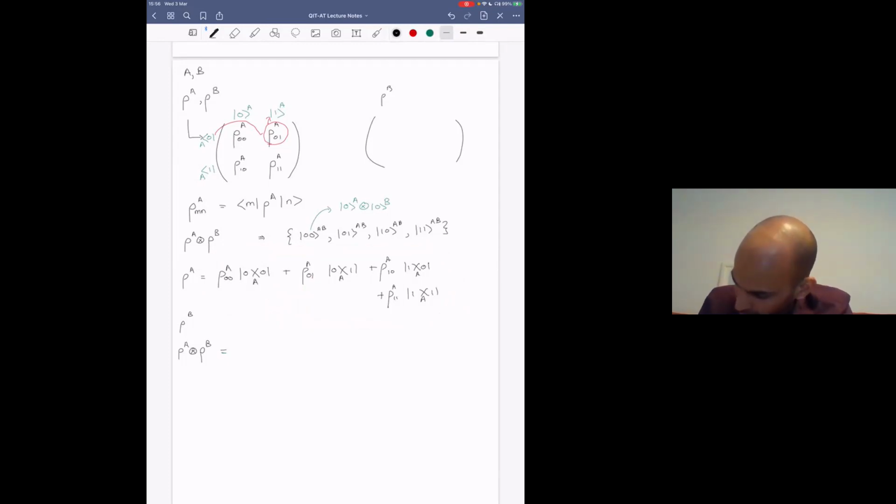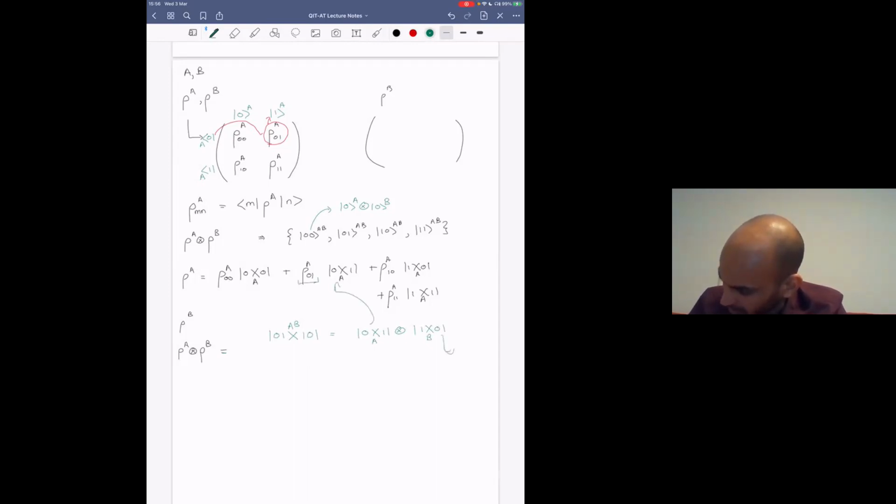But imagine that I wanted to look at the element that is associated with the following. So I want to focus on |0,1><1,0| on AB. This, of course, is equal to |0><1| on A tensor |1><0| on B. And I know that this in the original density matrix of A had rho 0,1.